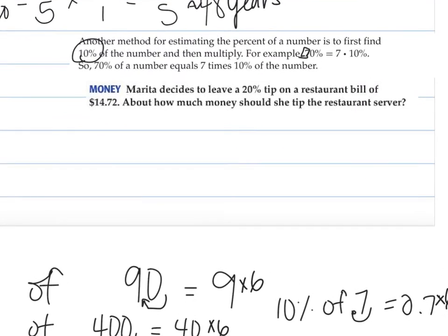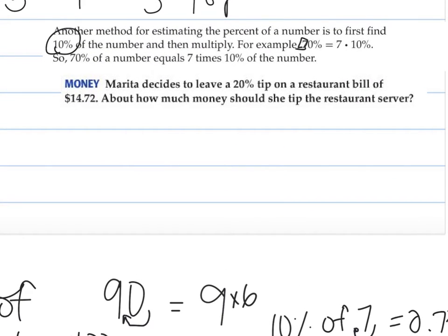So we're going to look at this problem here. We're going to use that method with this question about tipping. This is so common when you are looking at tipping at a restaurant, is to estimate. The standard amount of tip is 20%, and instead of pulling out your calculator and figuring out 20% of it, a lot of people would estimate. So they would round this to a nicer number. Instead of $14.72, I would say that that's $15.